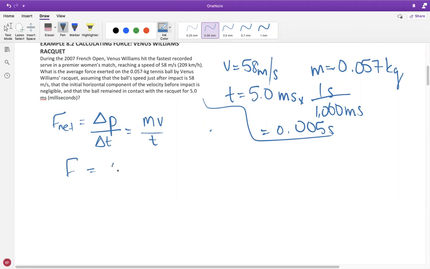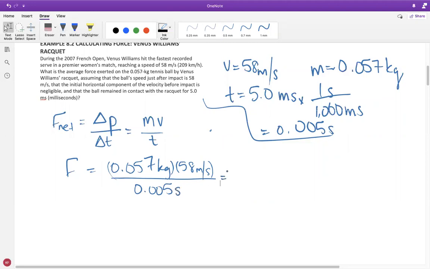Our mass is 0.057 kilograms times our velocity, which is 58 meters per second, divided by our time, which is going to be 0.005 seconds.